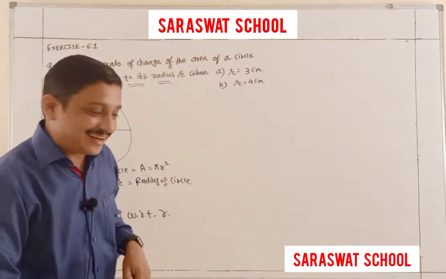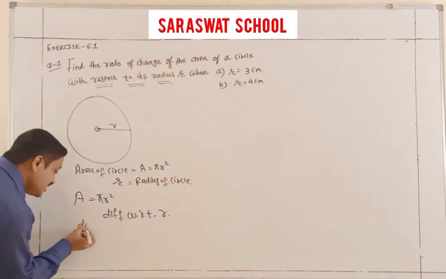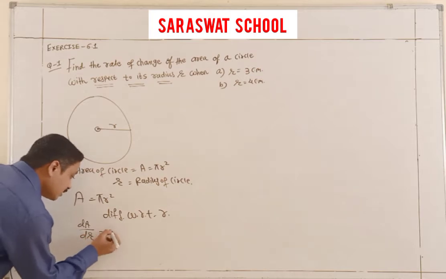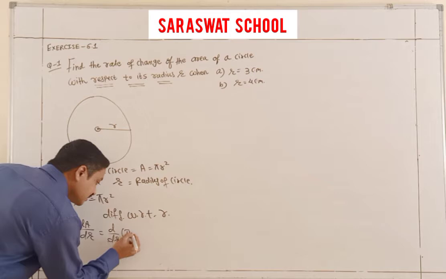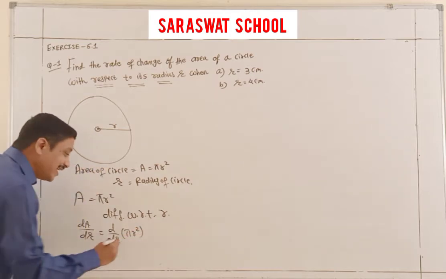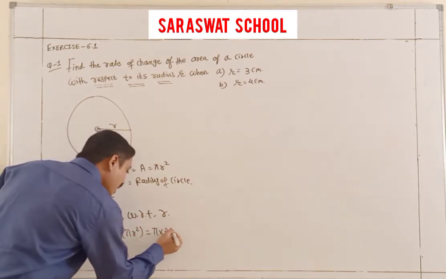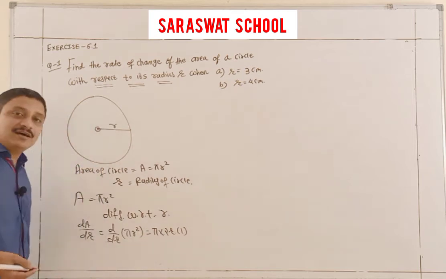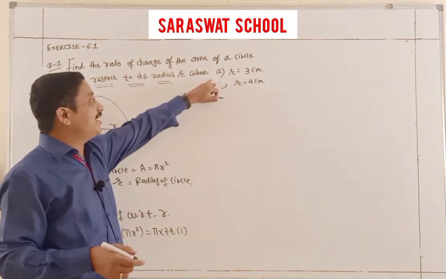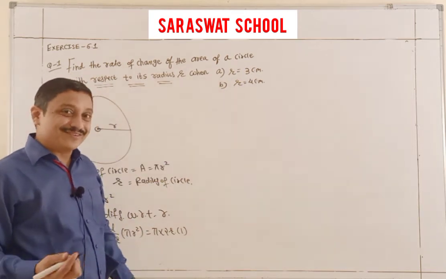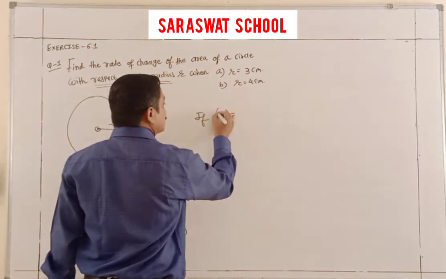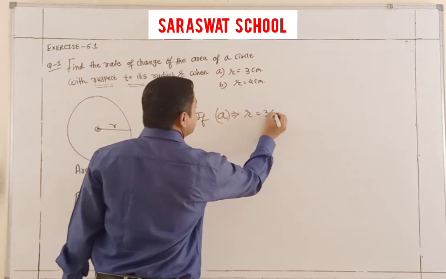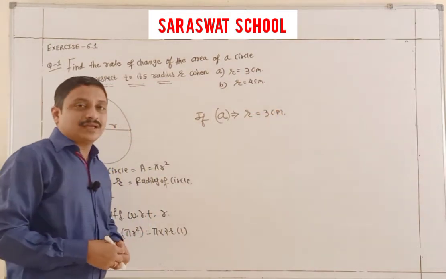Now here dA versus dr. Here d by dr of pi r square. Now differentiate: it is 2r, and r with respect to r is 1. First question: r equal to 3 cm, and then r equal to 4 cm.